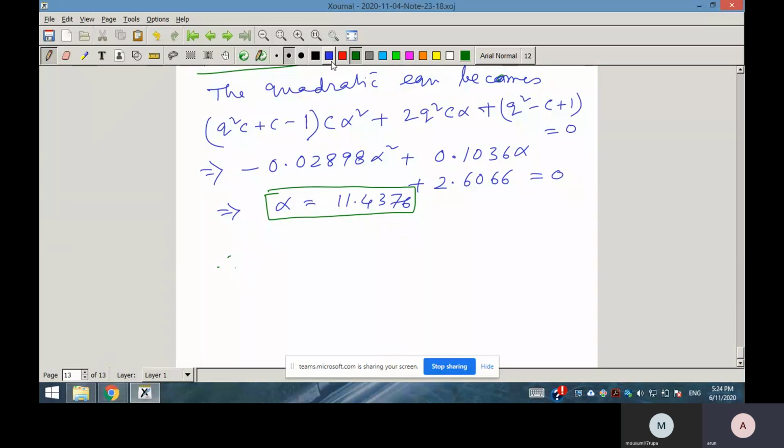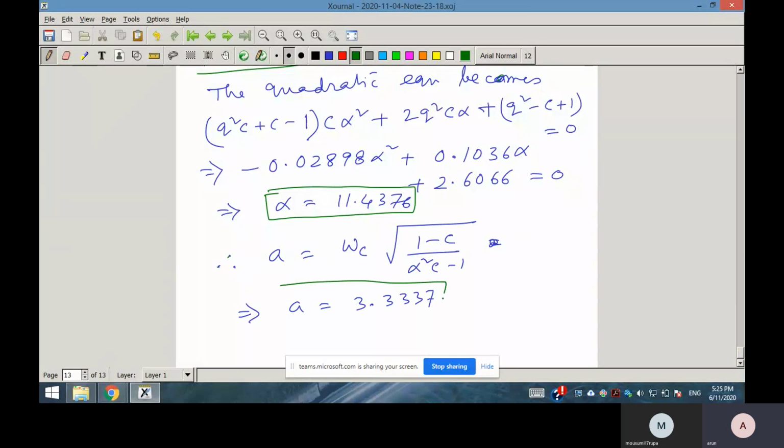Then a will become omega c into root under 1 minus c divided by alpha square c minus 1. If you put all these values, then you will get a equal to 3.3337. So that means the lead part design is over.